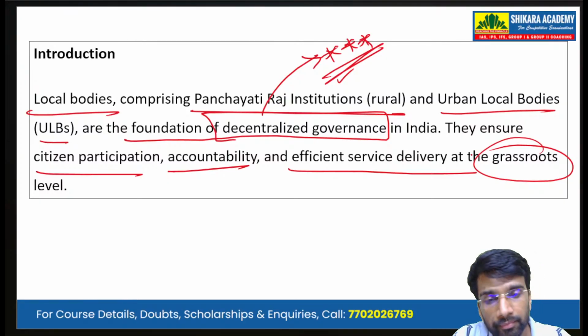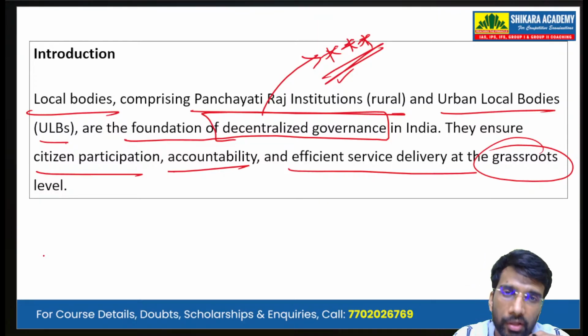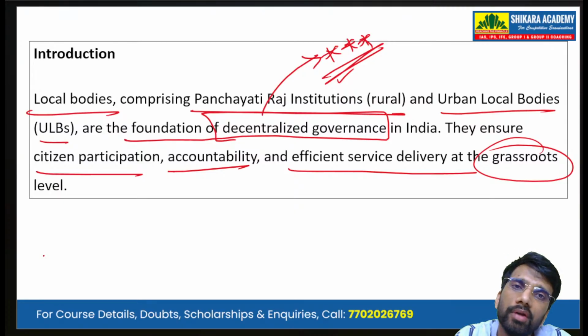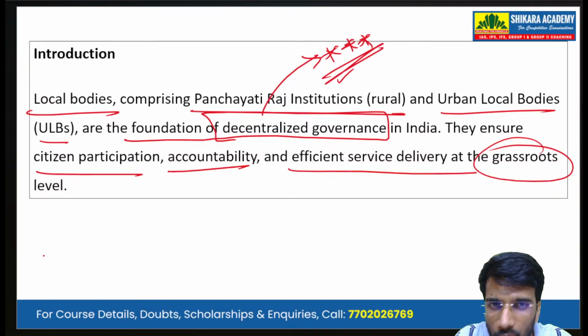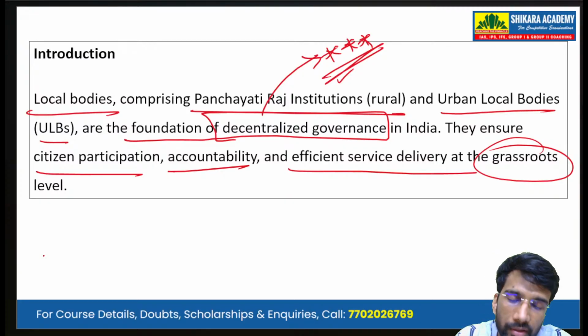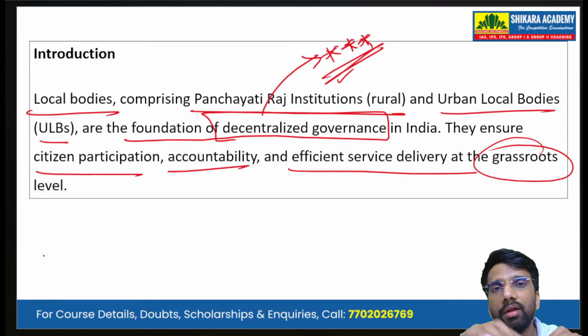Okay, because the representatives in these local bodies work in close proximity with the local population. So the local population has more access to their local representatives when compared to their MLA or their member of parliament.